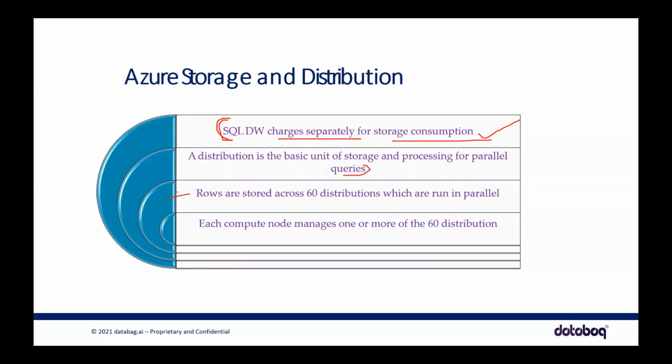So one important thing when it comes to Synapse is that by default, Synapse does 60 distributions. By default, it has 60 distributions for each node. Okay, so when you're trying to run a query, or when you're trying to insert some data, you don't have to manually specify the distribution. By default, within that node, it already creates 60 logical distributions.